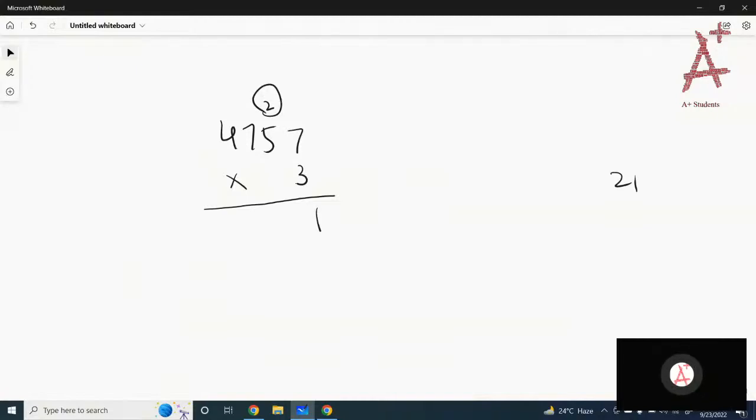Now 3 times 5 is 15, and 15 plus 2 is 17. Write a 7 over here and carry 1. 3 times 7 is 21, and add the carry. Write a 2 over here and a carry again. 3 times 4 is 12, and 12 plus 2 makes 14. So it is 14,271.